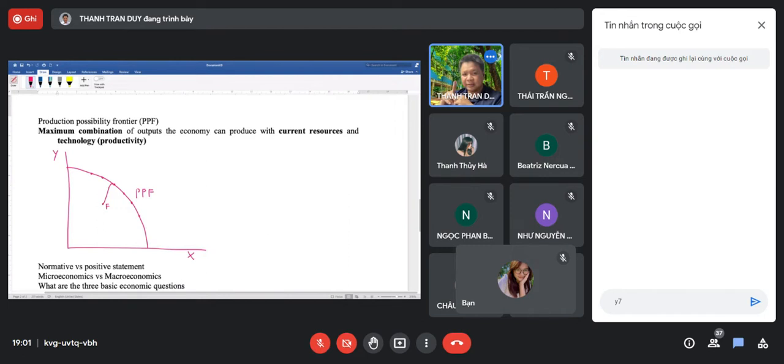Because many resources are not used. We do not fully use all of our resources. That's why we call it not efficient.